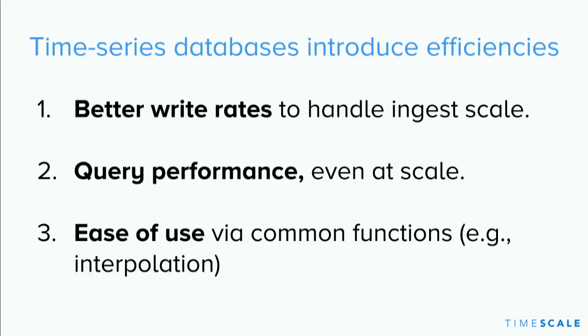One is on the ingest side, having better write rates. Two, on the query side, being able to have query performance even at scale with fewer resources. And number three, common functions: you might require interpolation or different kinds of bucketing, so they add these functions for ease of use.